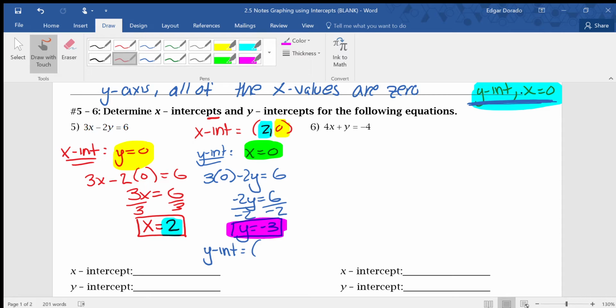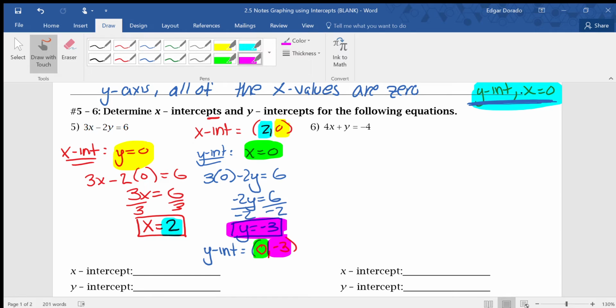So here in my final answer, I'm going to put 0, negative 3. So once again, just to make it clear, let me go ahead and highlight this. Okay, 0, negative 3, and here for my negative 3, I'm going to highlight that.